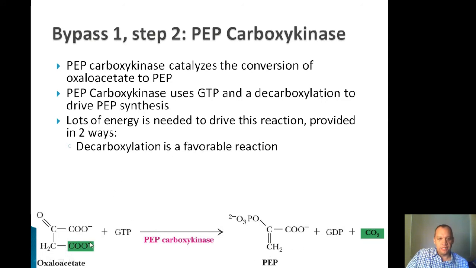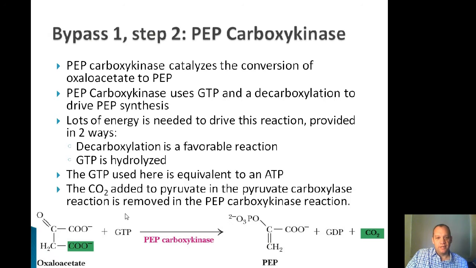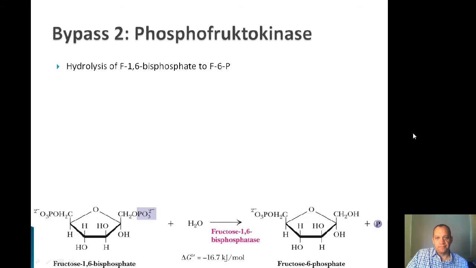So this carbon dioxide that was added in the previous step is now decarboxylated in this reaction, and a GTP is hydrolyzed, which is equivalent to ATP in this reaction. As I said, the carbon dioxide that was added to the pyruvate in the pyruvate carboxylase reaction is the one that is removed now in the PEP carboxykinase reaction, and we end with phosphoenolpyruvate.